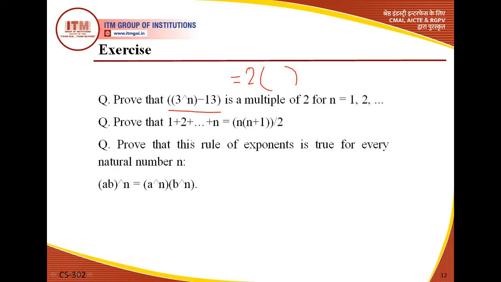In the second example, you have to prove that 1 plus 2 plus up till n is equal to n into n plus 1 by 2. In the third example, you have to prove that ab to the power n is equal to a to the power n and b to the power n. I hope both the principles are clear, and you can obviously apply them here. That would be very much easier.